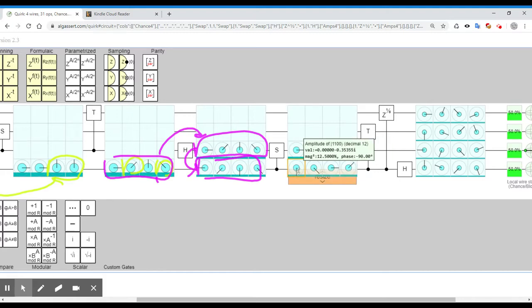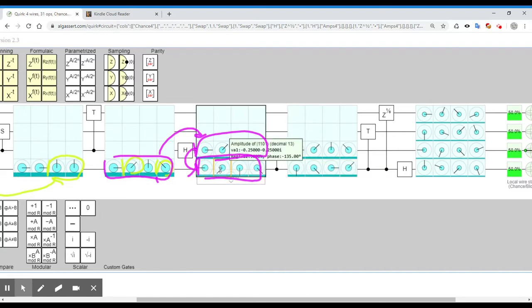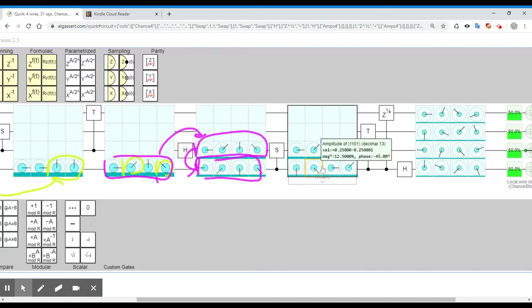So we are basically rotating by 90 degrees each of them. So that's minus 45 degrees. It was minus 135. Yeah.